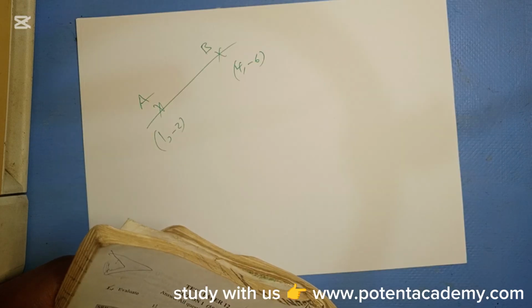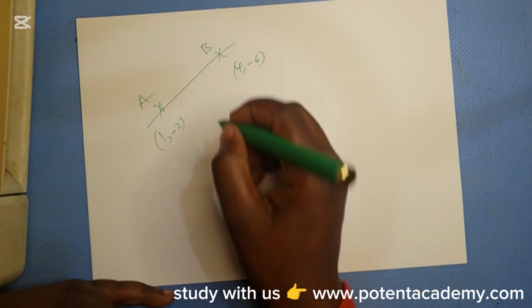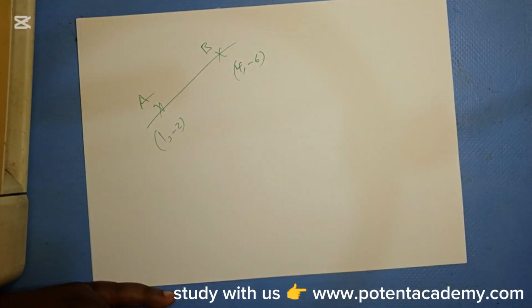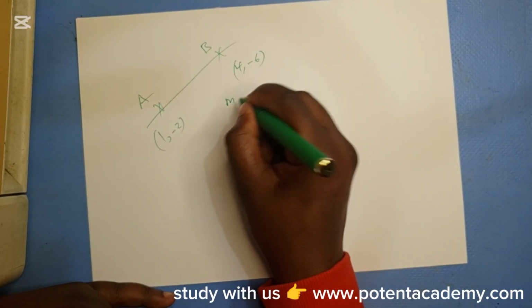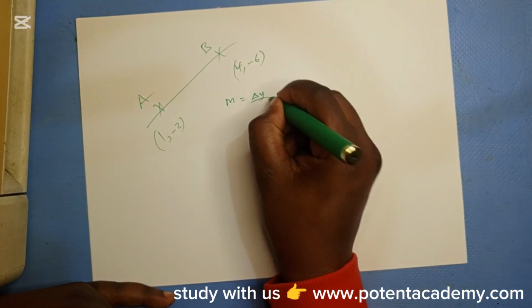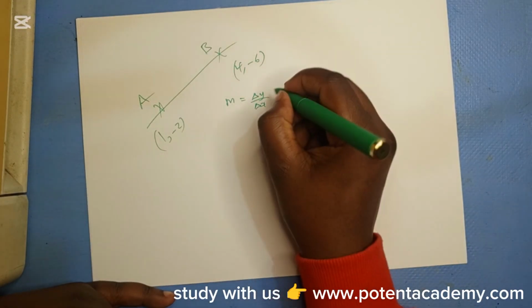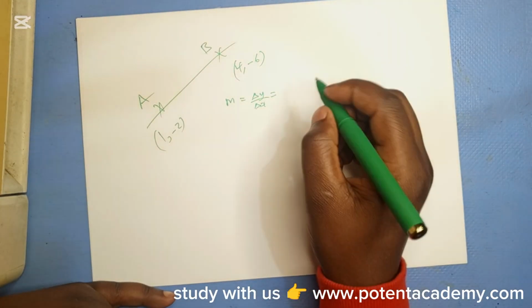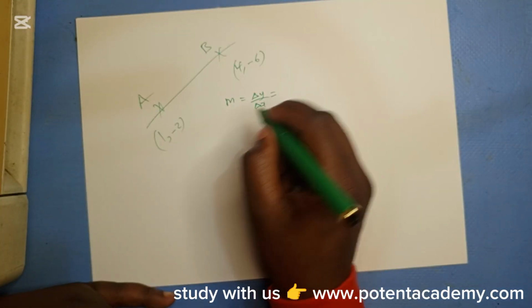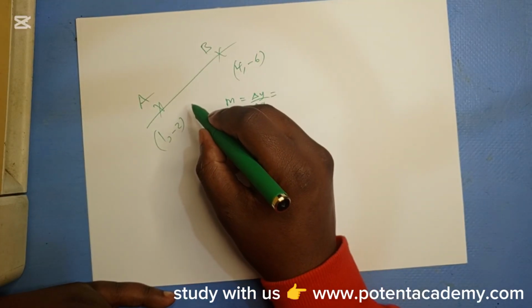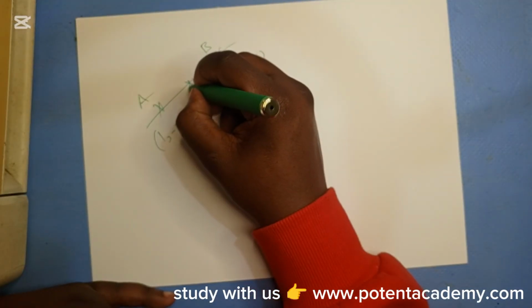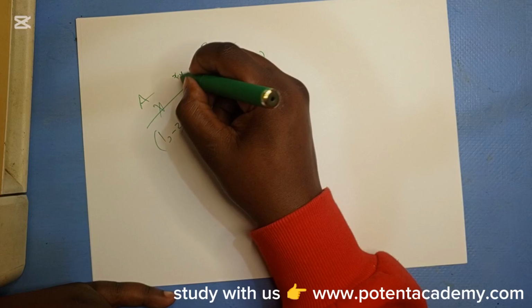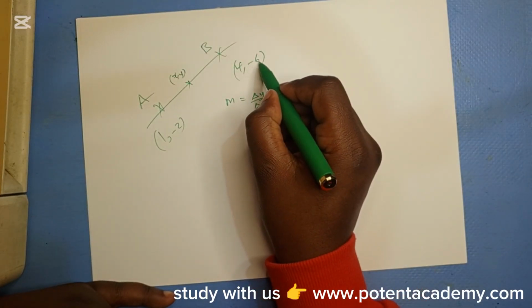Okay, we are going to do the other one. So first is the gradient. Gradient is a slope. We say gradient m is equals to change in y over change in x. You remember a point is given as x, y. So change in y, you start with this one.